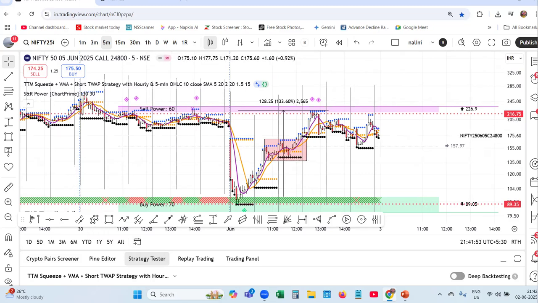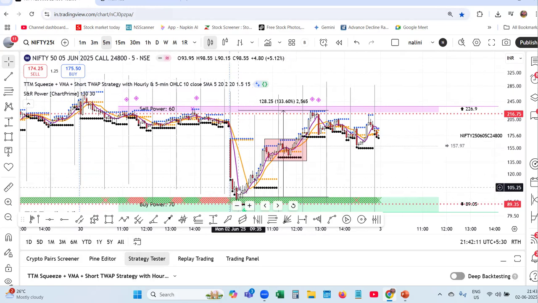This has been combined with the TTM squeeze. It is a combination package of hourly separator, hourly open, hourly close, hourly low, hourly high, and TTM squeeze.